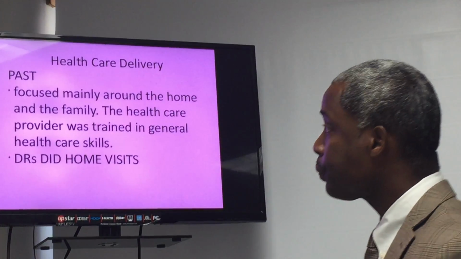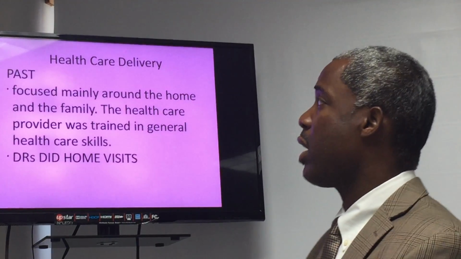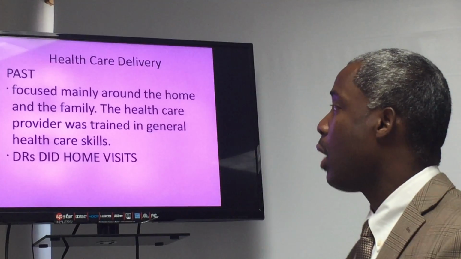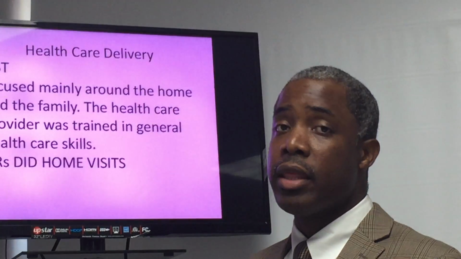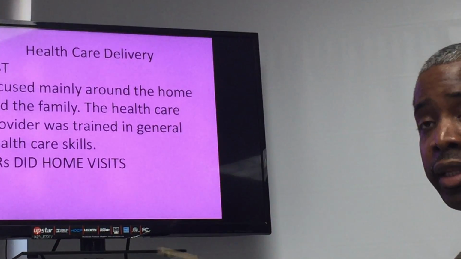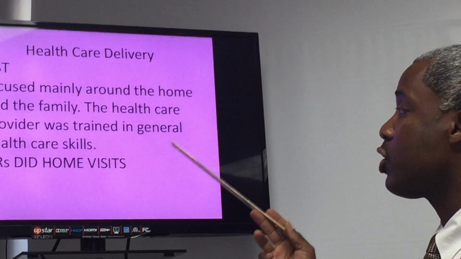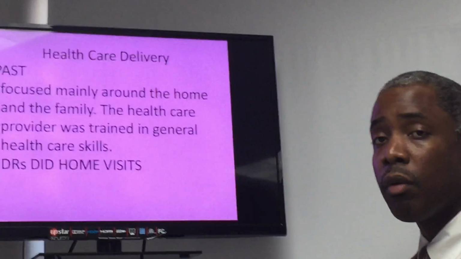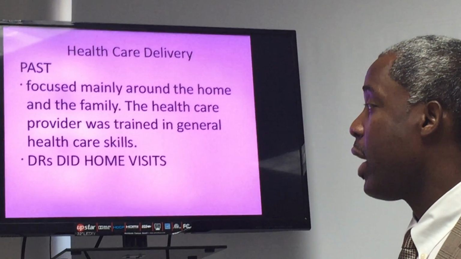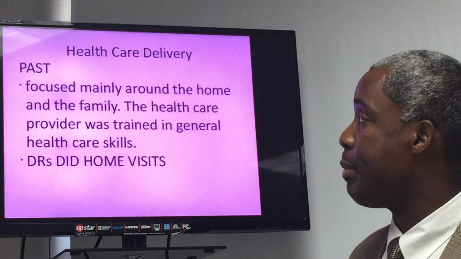Now, healthcare delivery in the past has primarily focused around the home and the family, and the healthcare provider, meaning the doctor, was primarily trained in general healthcare skills. And the doctors did home visits. What does that mean?